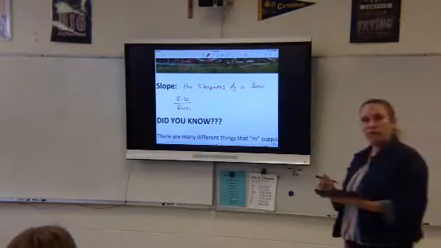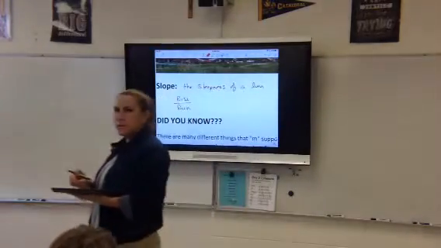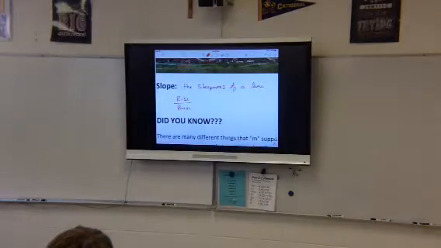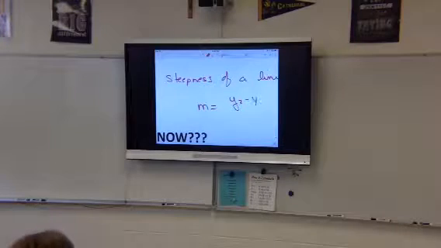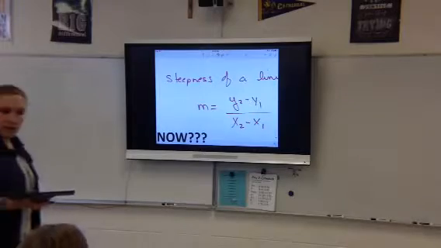All right, so now we also have a formula. Does anybody know the formula for slope? Anybody remember anything about it? Okay, so let's write this down then. M equals y2 minus y1 over x2 minus x1. Okay, so slope equals y2 minus y1 over x2 minus x1.